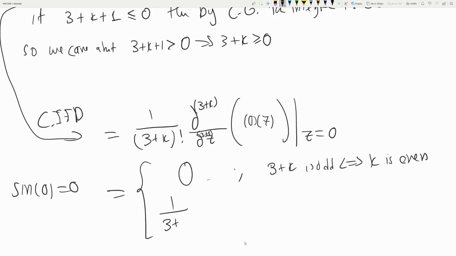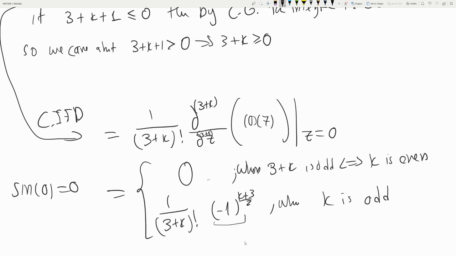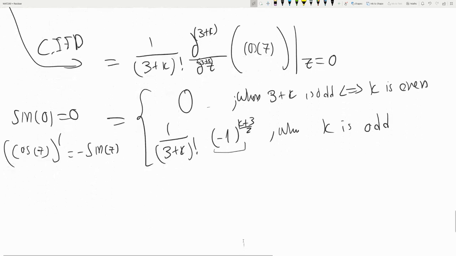And it survives to give you minus 1 to the k plus 3 over 2 when the opposite, k is odd. Okay, so this minus 1 is because if you take the derivative of cosine, you get minus sine. So that's how you pick up this minus.